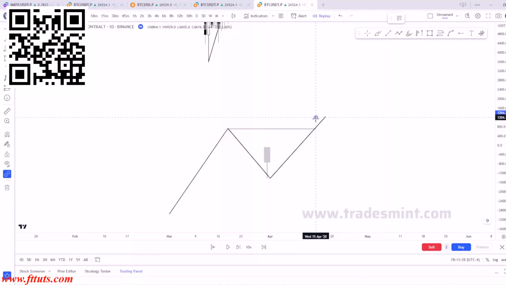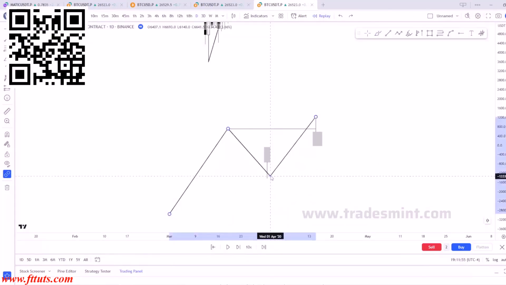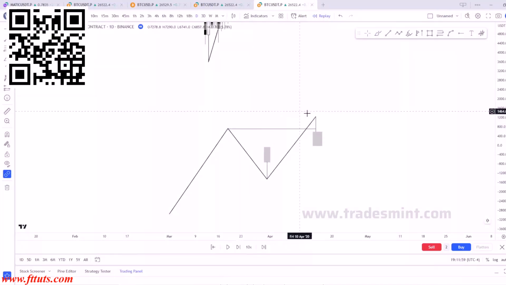So even if price wicks up to here and does not close above it, technically speaking, this previous high was touched. So what that tells me is that this is my point here. I can't go a little bit lower, I can't go a little bit higher. This is the lowest point between here and here. So this is my higher low.